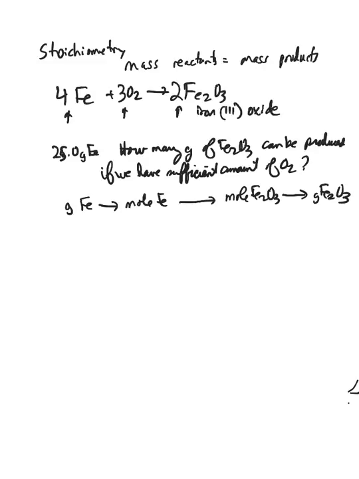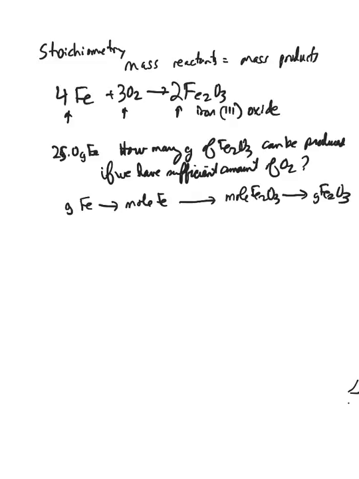We don't know a gram to gram ratio of iron to iron 3 oxide. We can do moles. We can't measure moles directly in the lab. We can only measure grams. But to do the ultimate conversion, we've got to get everything to moles. So when you see grams in these stoichiometry problems, just think you're going to have to change to moles.